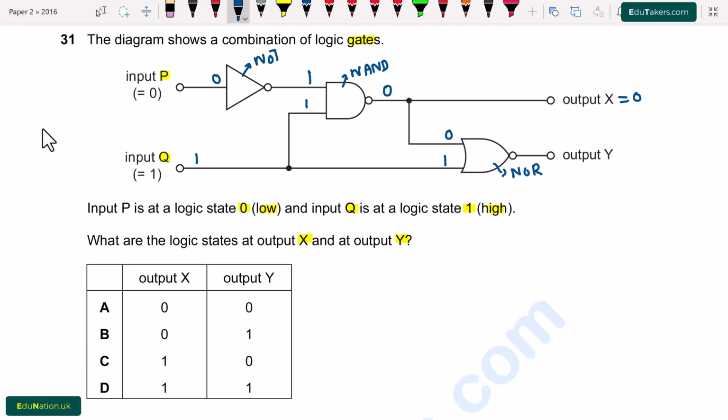By the application of the NOT gate, the output of this NOR gate will be 0. It means that output Y will be equal to 0. Now we see the options. Output X and output Y. Option A 0 0, B 0 1, C 1 0, D 1 1. So option A is correct from here.